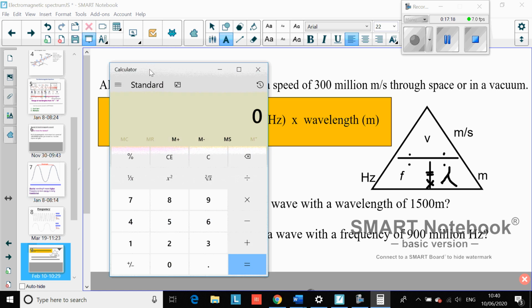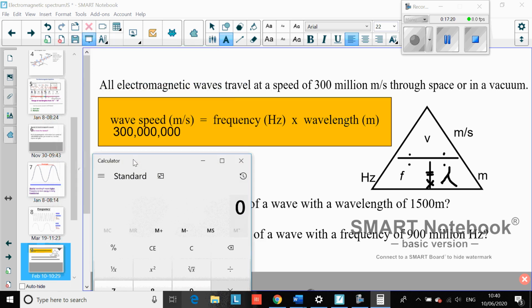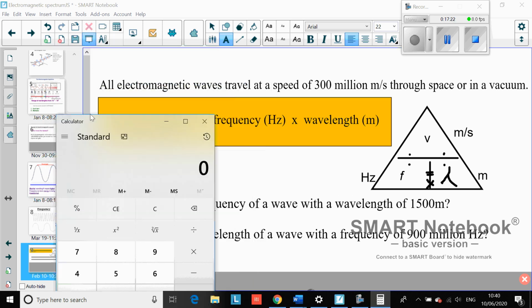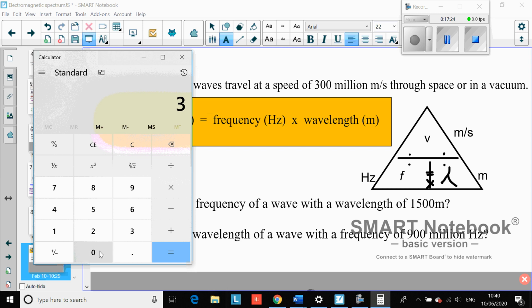The wave speed is 300 million, divided by a wavelength of 1,500, and our frequency is 200,000 hertz, or you could say 200 kilohertz.